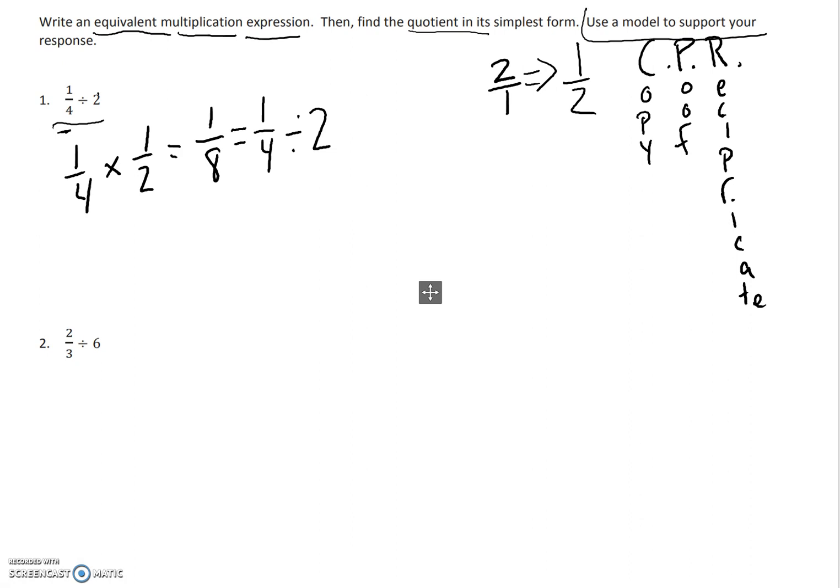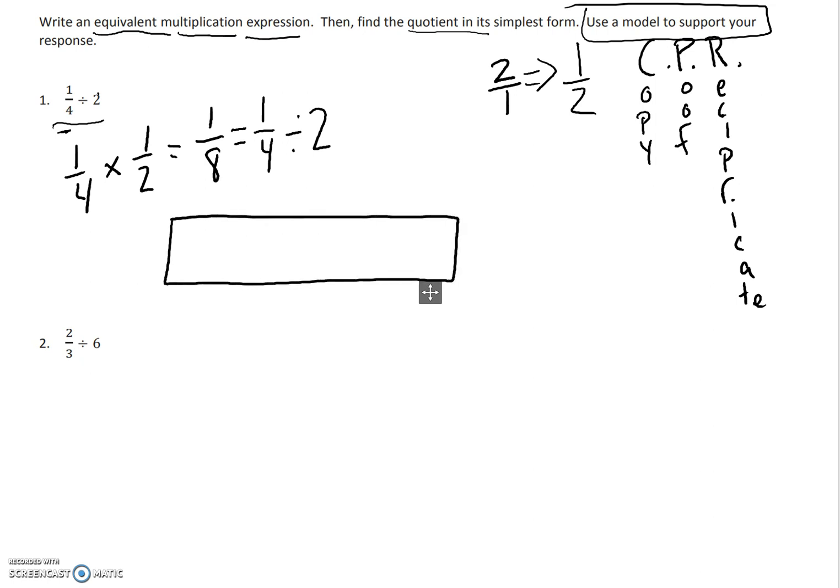My last part says I need to use a model. So what I'm going to do is I start out with 1/4. Here I have 1 whole, and I'm breaking it up into fourths. So let's pick a different color for this one. There's my 1/4, my 1 part out of 4. And it says I am dividing it by 2, so I am breaking it up into 2.